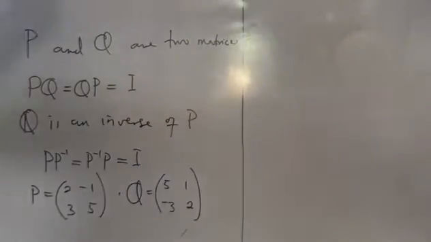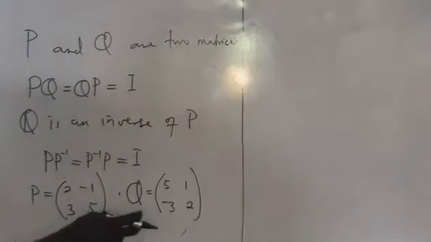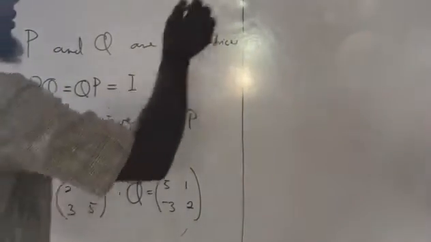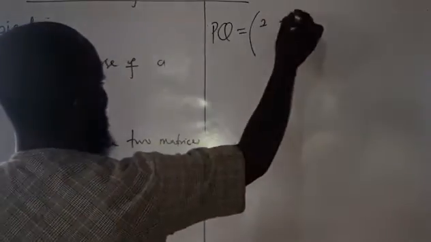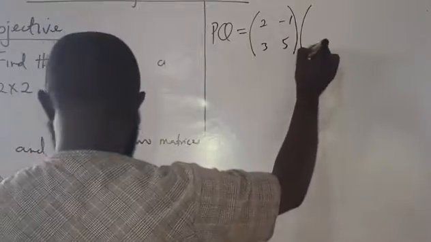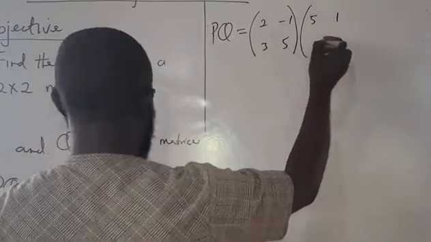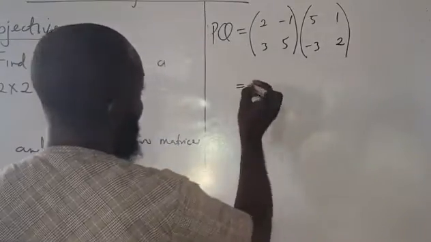Let's assume we have this. We want to test if the multiplication of P and Q will give us an identity unit matrix. So PQ will be 2, minus 1, 3, 5, multiplied by 5, 1, minus 3, 2. Let's see what we're going to get.